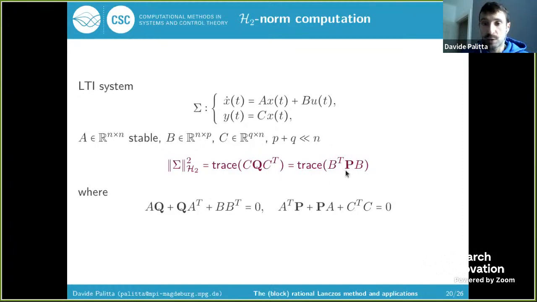These two formulations are equivalent. In this case, Q and P are the so-called controllability and observability gramians. So they are the solutions of these Lyapunov equations.